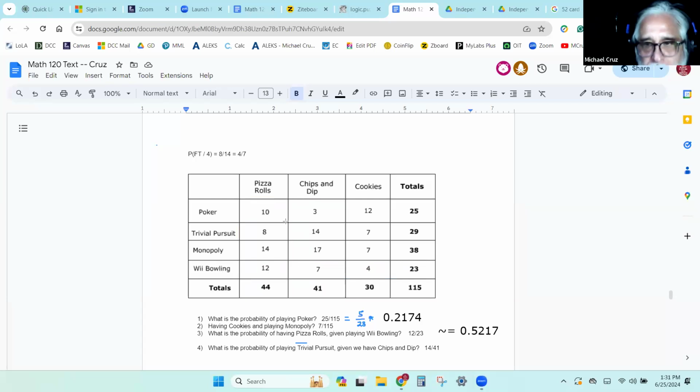So the given is chips and dip. And we want that total because that's the given. That's our denominator. The denominator has always got to be larger than the numerator if we're going to have a valid probability.